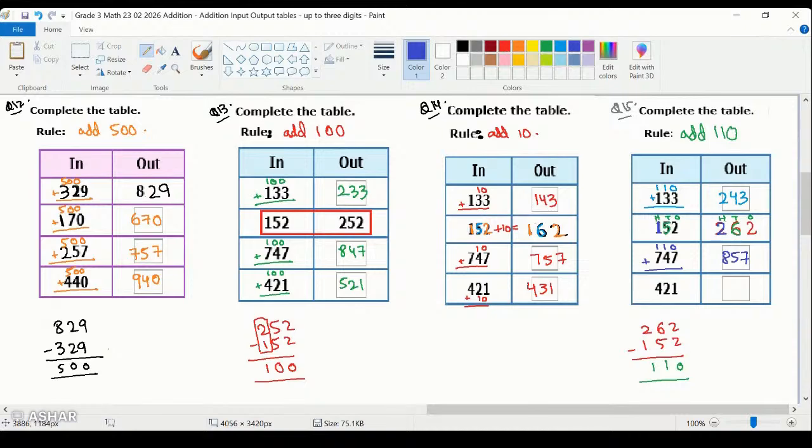Ethan, plus 110 would be 0 plus 1 is 1, 1 plus 2 is 3, and 1 plus 4 was 5. Okay? 243, 857, 531. Thank you, May.